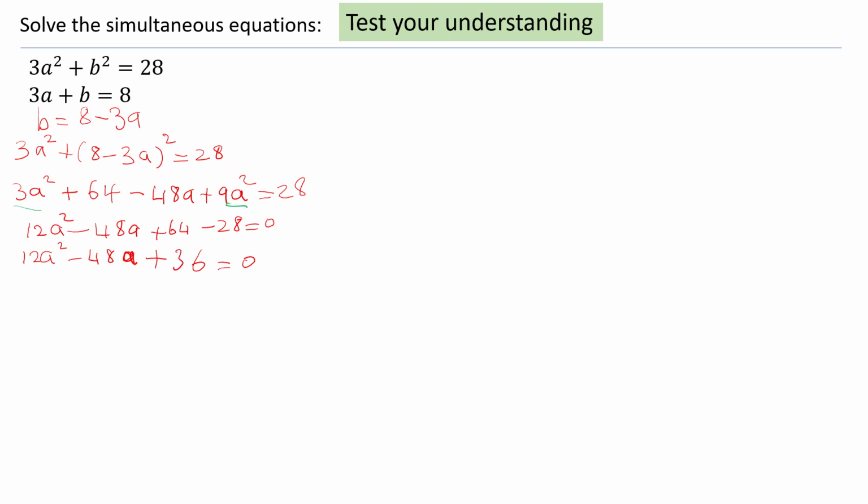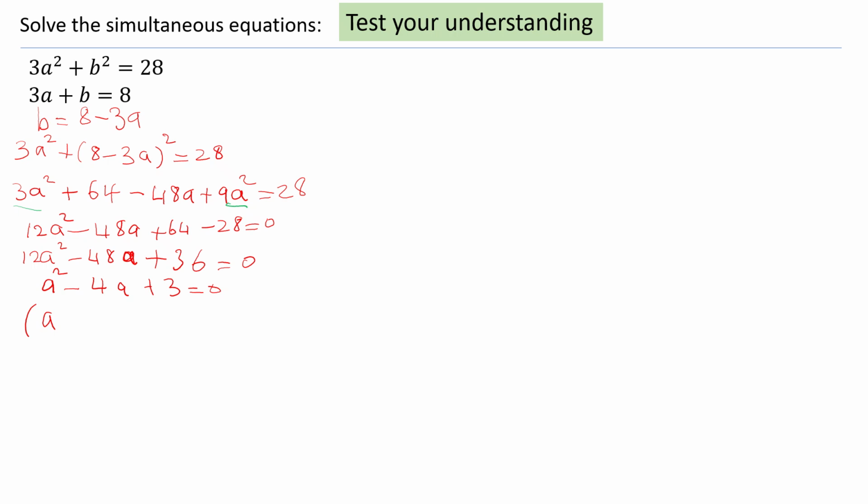Now I'm going to divide by 12, then I can factorize easily. So A squared minus 4A plus 3 equals 0.